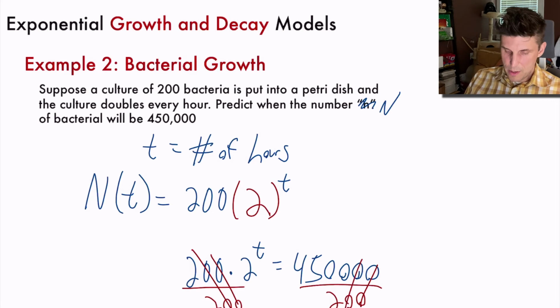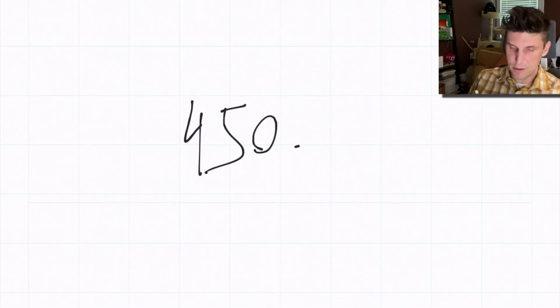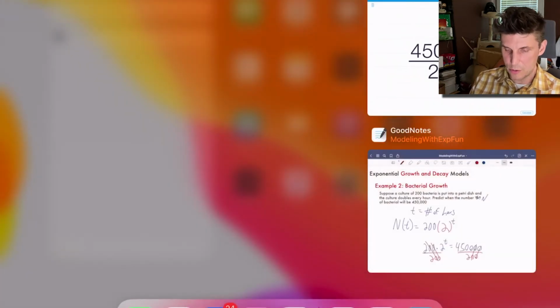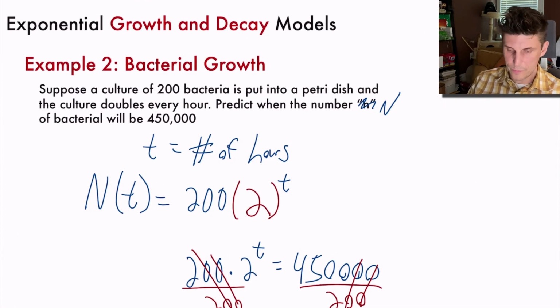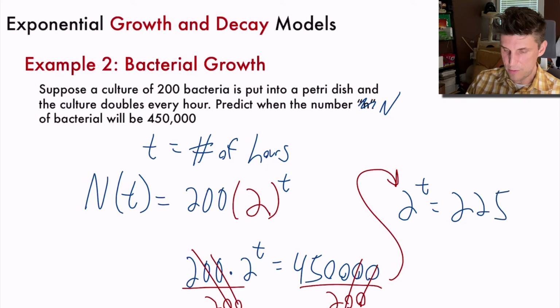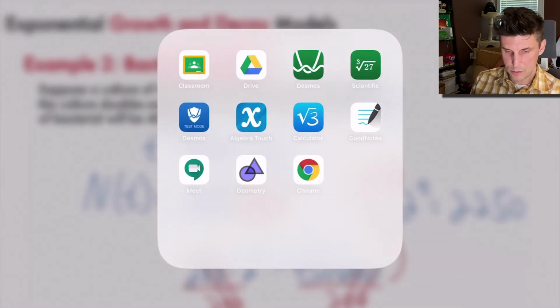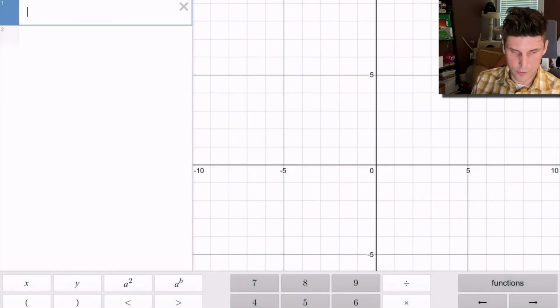So these go away, and then half of 450,000, I'm just going to calculate it because I don't want to get it wrong, is 225,000. So we want to know, when is 2 to the t equal to 2250? Okay, so let's go over to Desmos, and we're going to graph two functions.